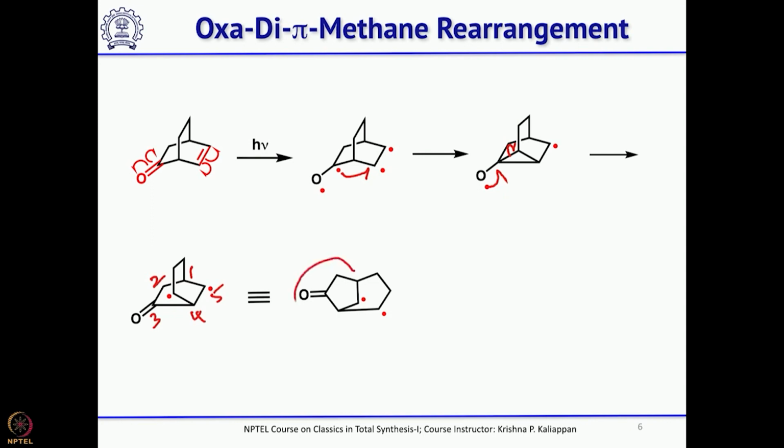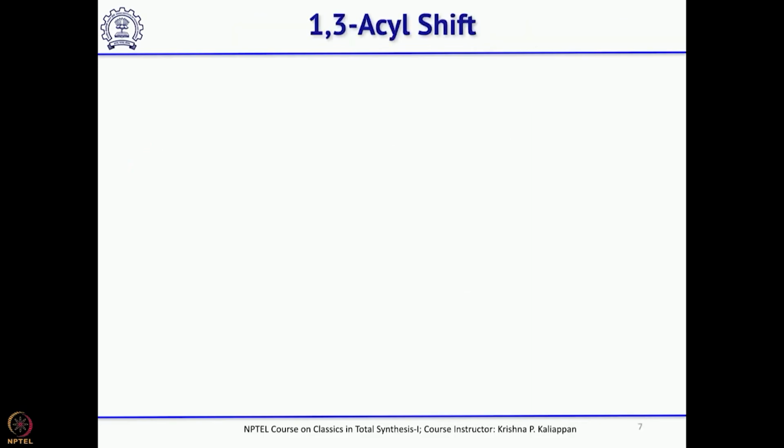So, that is a 5-membered ring and the remaining is a 6-membered ring. Now, these two radicals will combine to form the tricyclic compound, in which the third ring is a cyclopropane. So, this is the oxo-di-pi-methane rearranged product. Okay, this can be easily obtained from any bicyclic compound having a carbonyl and double bond at appropriate places.